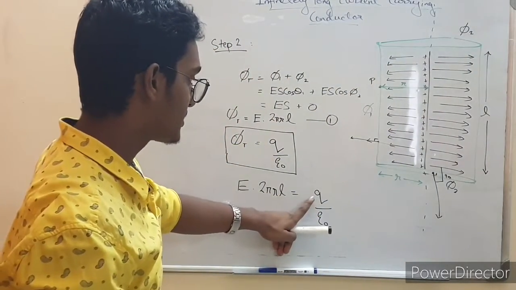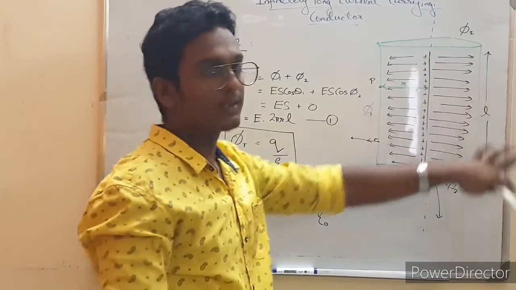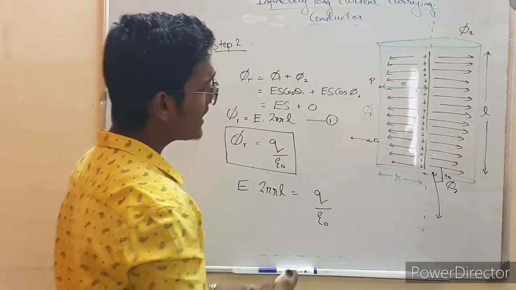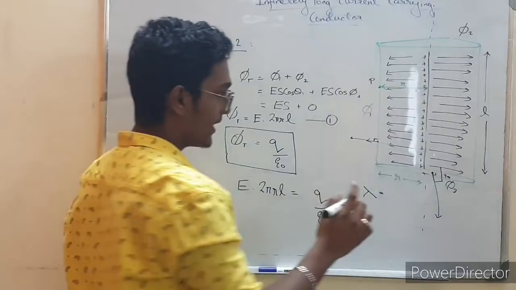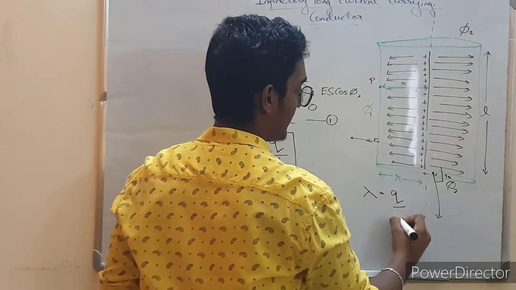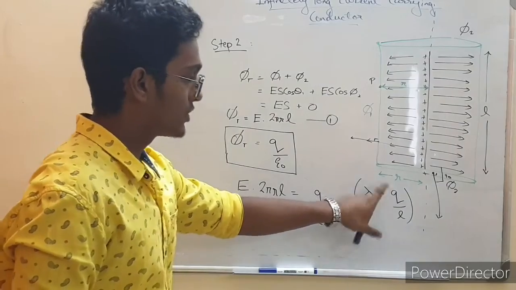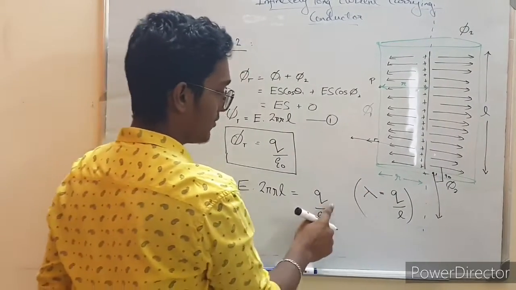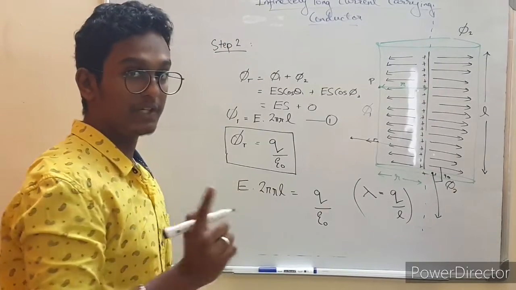So how do you change this Q in terms of charge that's present only for this length L? Yeah, we have to use the concept of linear charge density. We know that linear charge density lambda equals the total charge residing divided by the length L. So this much charge is present per unit length. So we are going to change the formula for charge in terms of L lambda, so that it's per unit length.